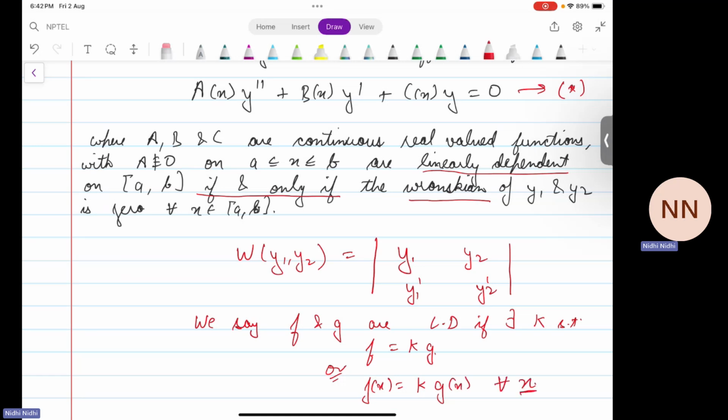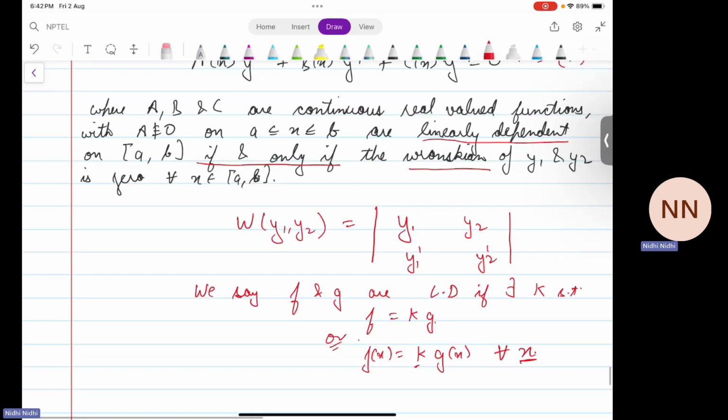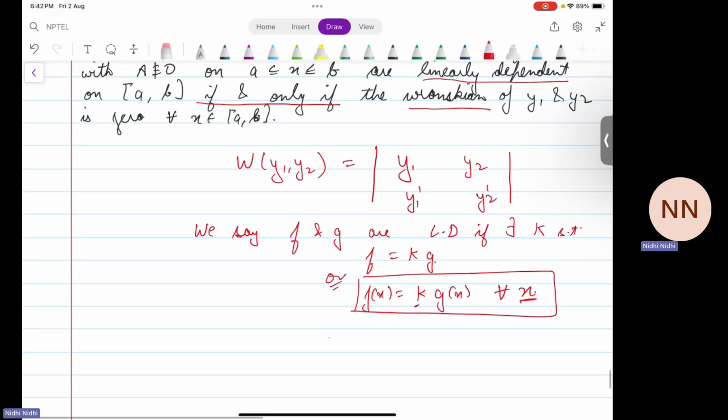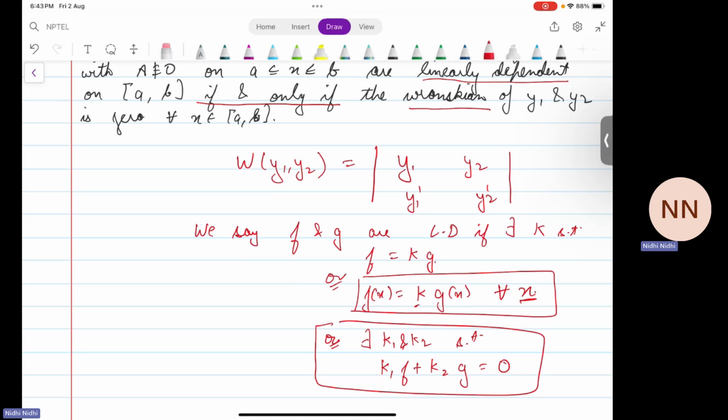If such a constant k exists, or we can say that there exist some constants k1 and k2, non-zero, such that k1 f plus k2 g is equal to 0, then we say that f and g are linearly dependent.